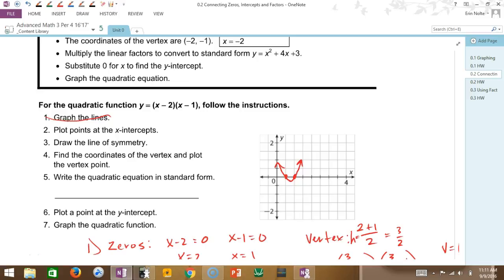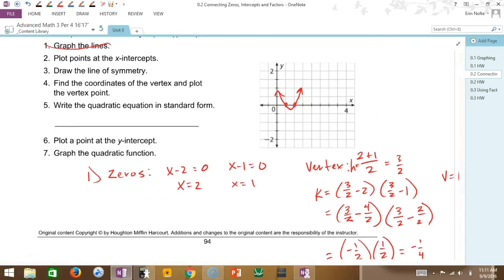Do I need to go over foiling? Yes or no? No. Anybody want a yes? Going once, going twice. Okay, so just putting it in standard form, we foiled, add your like terms, and we graphed our quadratic. Perfect?